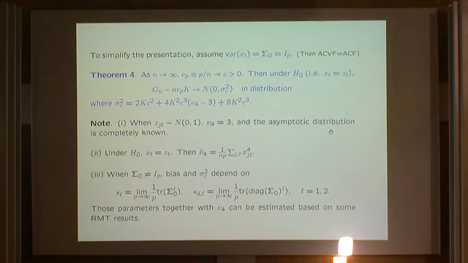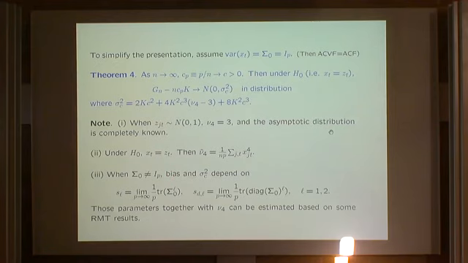Under h naught in this simple setting, the problem is easy because under h naught, xt equals zt. To estimate the fourth moment of zt becomes trivial. You just add all those sample fourth moments together. But when sigma naught is not identity, things are more involved.